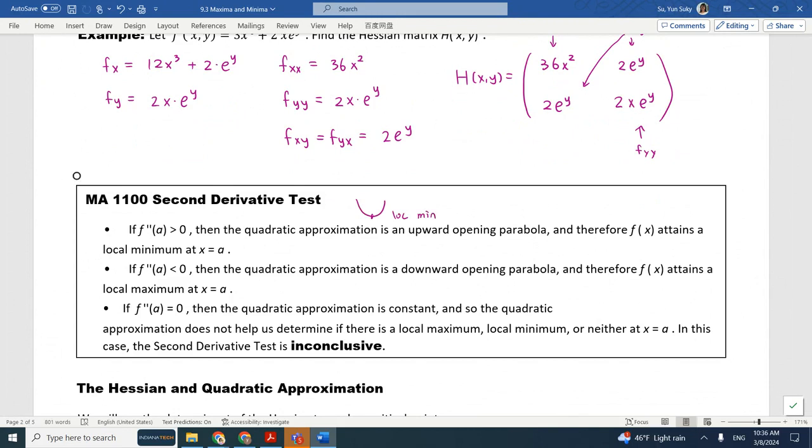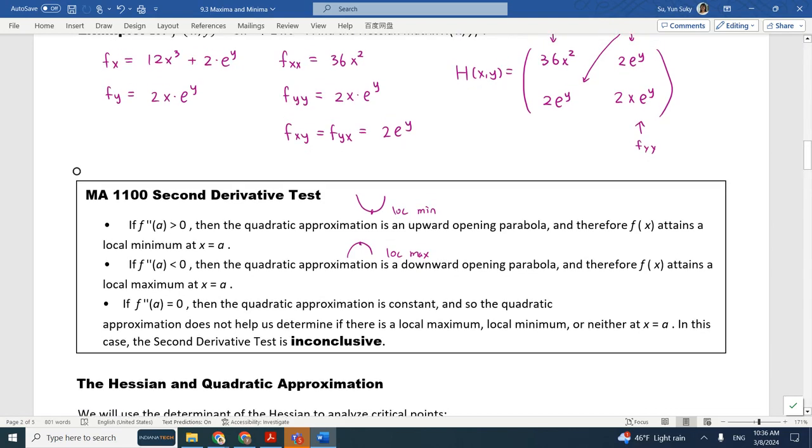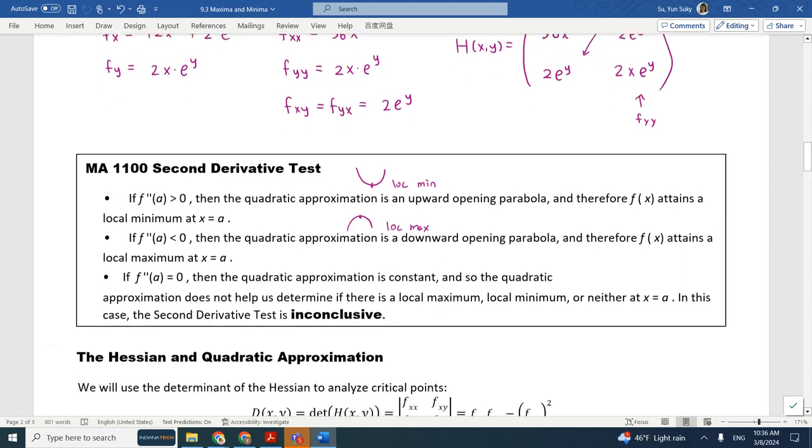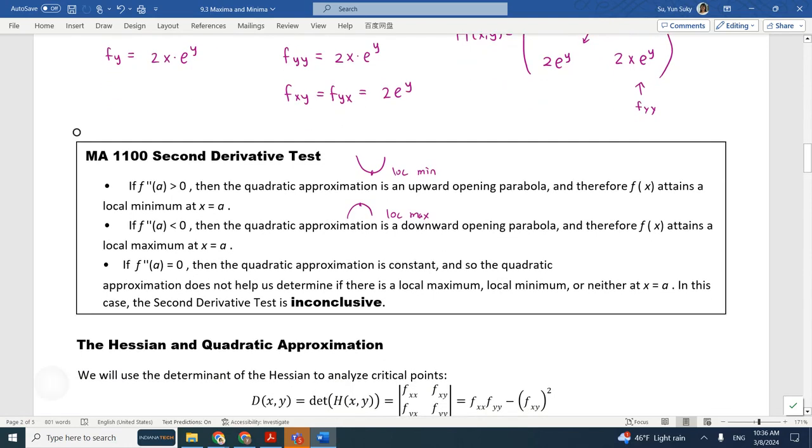If the second derivative is negative, the function is concave down, and then this is a local maximum, right? And if the second derivative is 0, then the test is inconclusive. You have to find other ways to figure out whether it's a local max or local min. Okay?